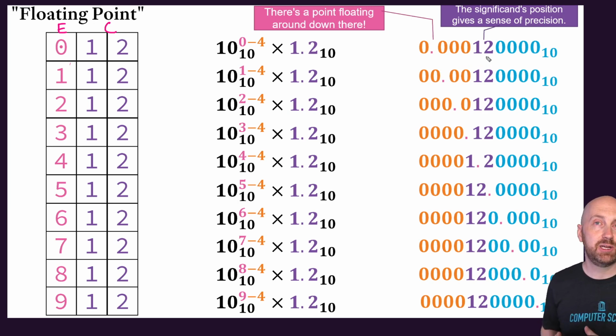By biasing our exponent, we get much more precision on the low end. We can't represent quite as large of numbers, but when you think about the fact that we can't represent even numbers within a range of 10,000 or 1,000 or 100 as we move up into the higher levels of the exponents, that seems to be an okay trade-off.